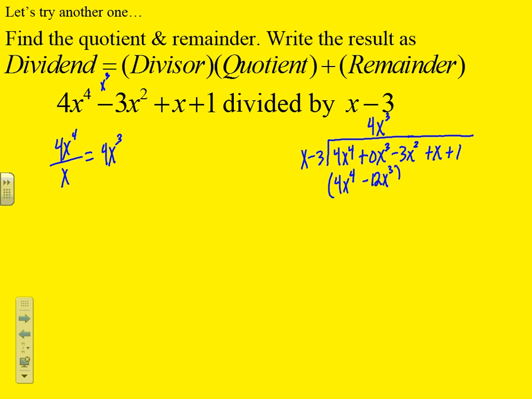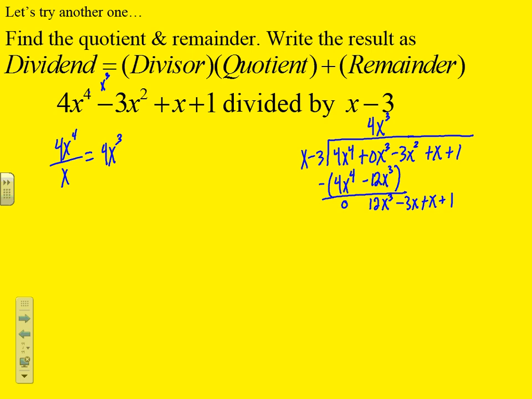And there's a second reason for that placeholder, because without it, you would wind up writing the x cubed term underneath the 3x squared, and those aren't like terms, so we can't combine them. So 4x to the fourth minus 4x to the fourth cancels out. 0 minus negative 12 is positive 12x cubed. And then bring down the rest of the problem, minus 3x squared plus x plus 1.